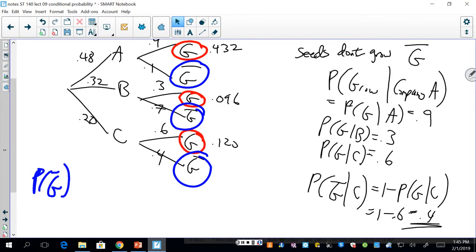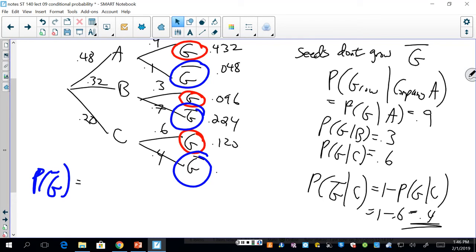So, not growing: you multiply down the branches. This one's 0.048. This one's 0.224. These two numbers should add up to 0.32 because I've split it here. Yeah, that's fine.